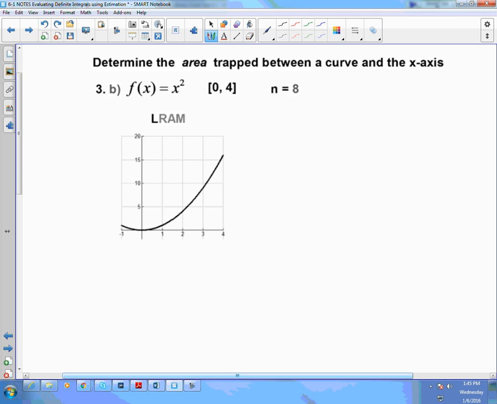So do you think we'll be closer or further away to the real area by having more rectangles now? Probably closer. We're getting more precise each time, right? That first one was huge, and we're way overestimating. With 4 rectangles, it's closer, but still overestimating.